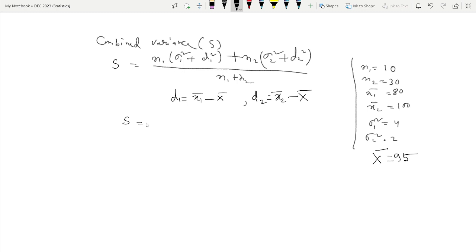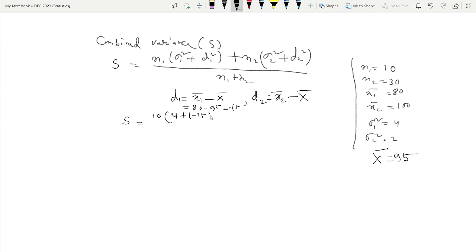Now we put the values. N1 is equal to 10. Sigma 1 square is equal to 4 plus x1 bar minus x bar. x1 bar is 80 minus 95, so minus 15.